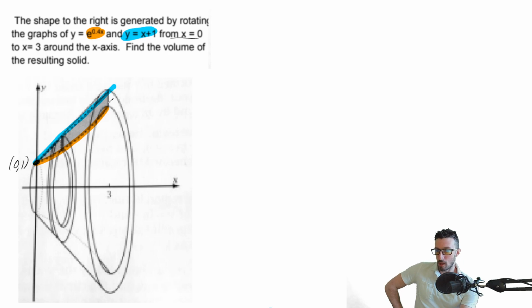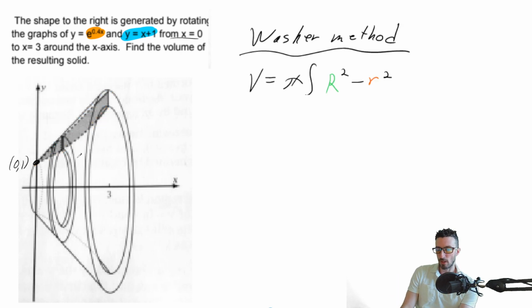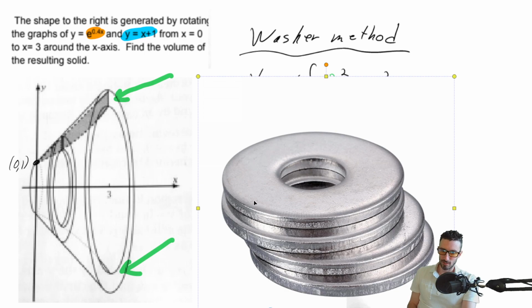And then we've got to figure out what kind of method we're going to use here. Well, in case you didn't happen to notice, there's literally a washer right there. You know, like from IKEA, when you have to put that stuff together.